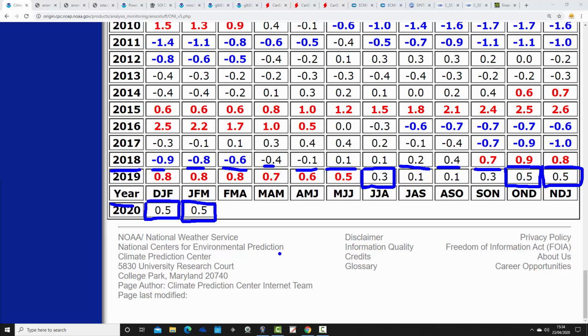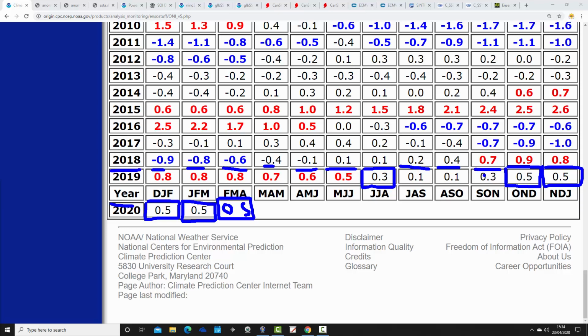That's because we need one more half a degree above average or more in this box just here for February, March, April to appear. And if we do have that appearing at 0.5, then the numbers will go red, and actually we will be told by NOAA and CPC and NCEP, we will be told by the agencies that we have had an El Nino through the winter of 2019-20, even though it has barely scraped El Nino thresholds.